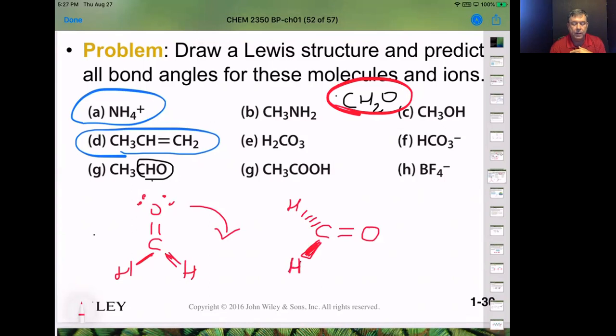So this is what I was trying to draw before, where I was showing you that this hydrogen was out away from that carbon in this carbon. Does this make sense?